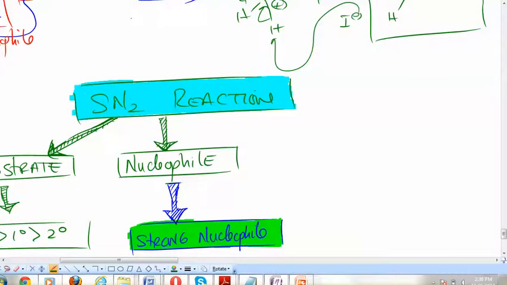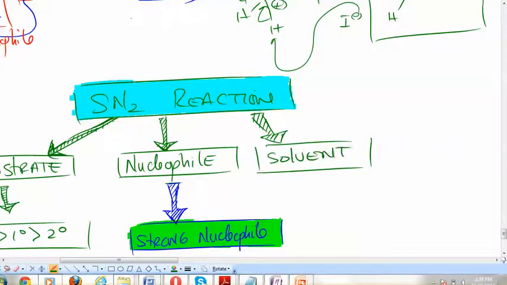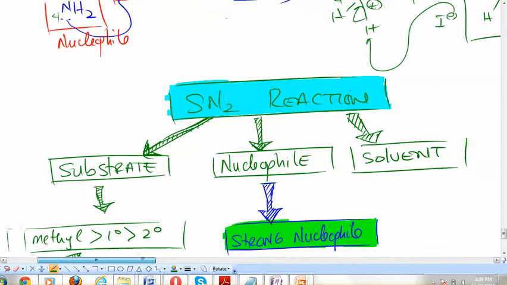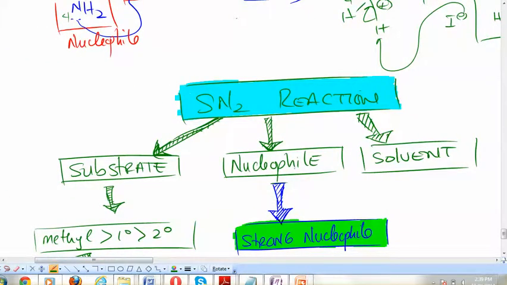So then another thing that we can say is in terms of the solvent. Now the solvent is going to be different from the nucleophile. The solvent is what we put the nucleophile in.